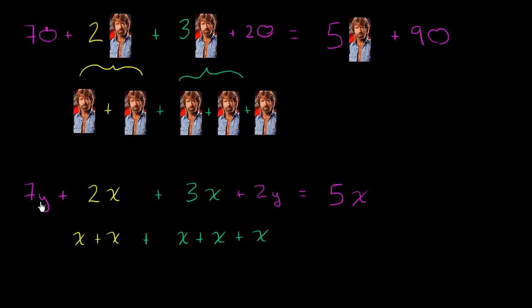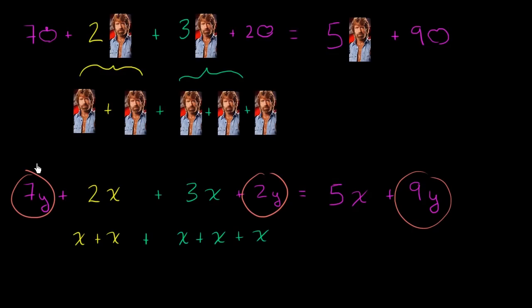If I have 7 y's, and to that I add 2 y's, I'm going to have 9 y's. If I have 7 of something and I add 2 of something, I now have 9 of that something. So I'm going to have 9 y's. You add the x's, you get that right over there. So hopefully that makes a little sense.